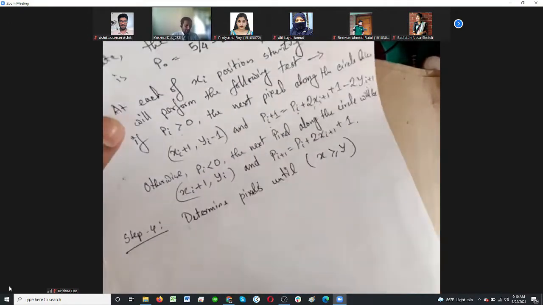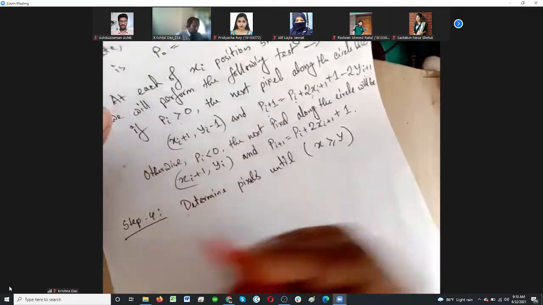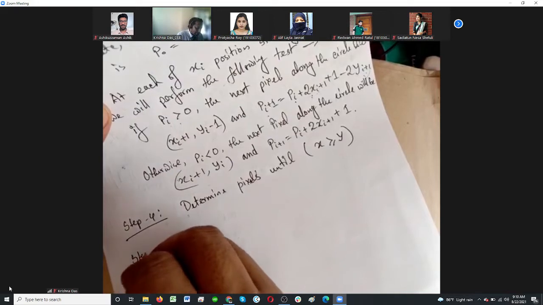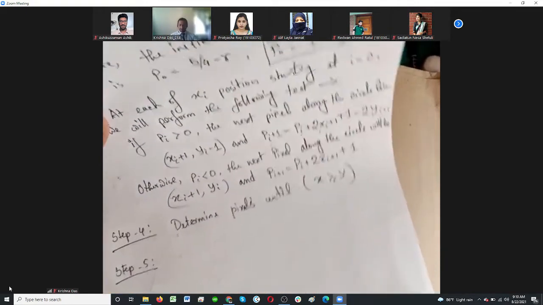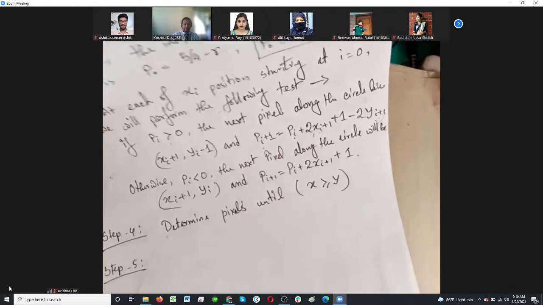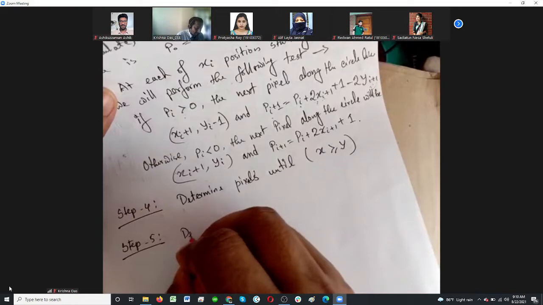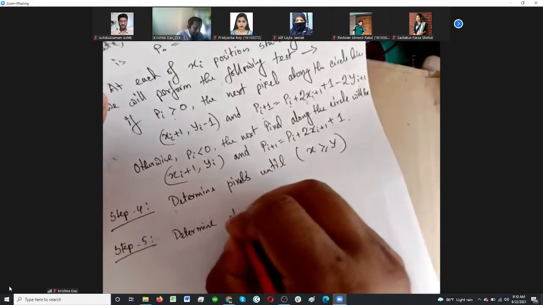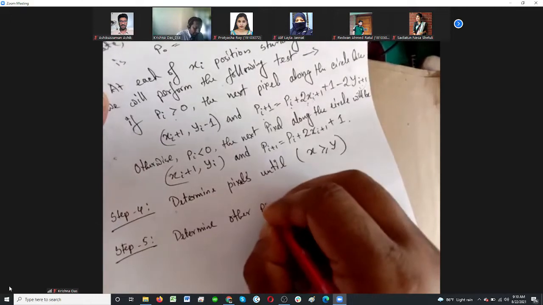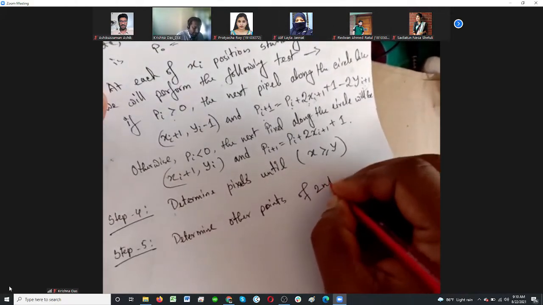Now we will simply write the statement for step 5. It says: determine the other points of the second octant. The first octant has been obtained, so determine the other pixel points of the second octant.